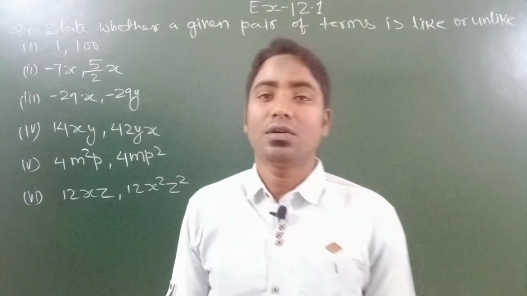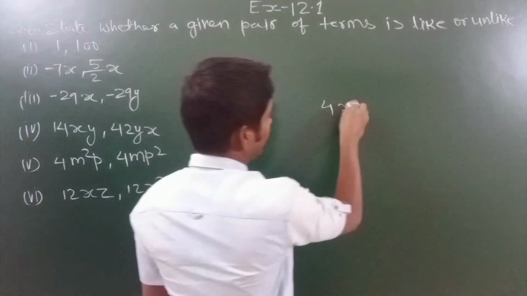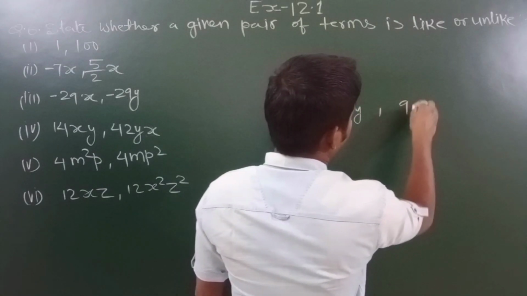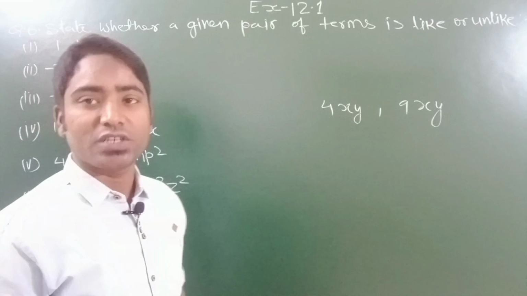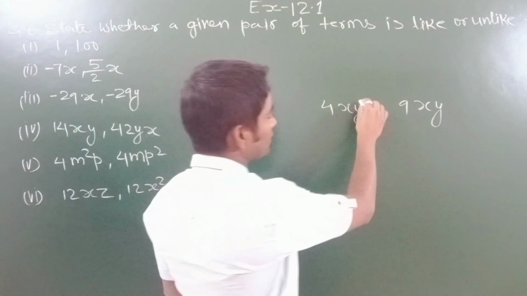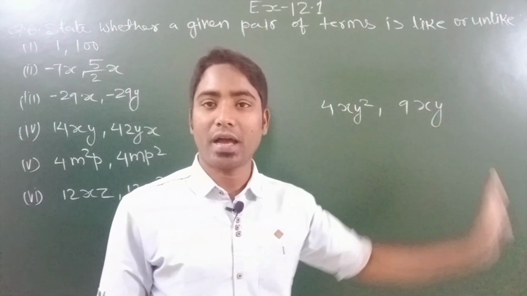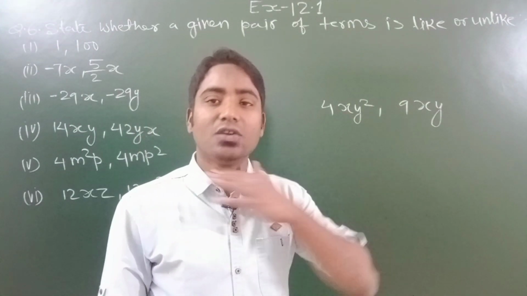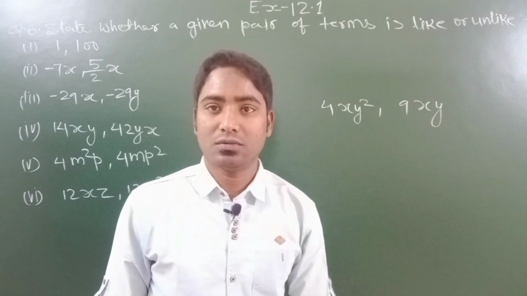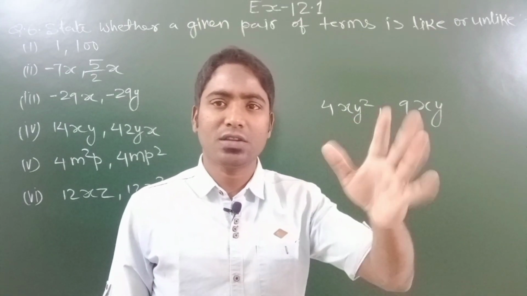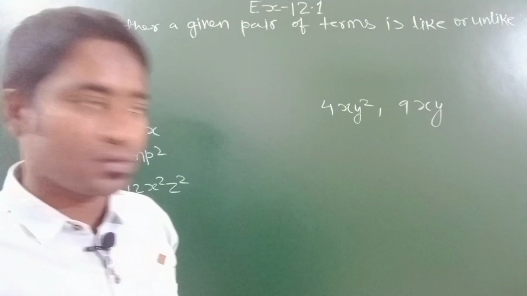Like if both the terms contain x and y, suppose 4xy and 9xy, these terms are said to be like terms. But if we have xy square and only xy, then they are not like terms. So we have to look for the same variable and their power also. If the constant is different, then no matter, they will be said to be like terms only.